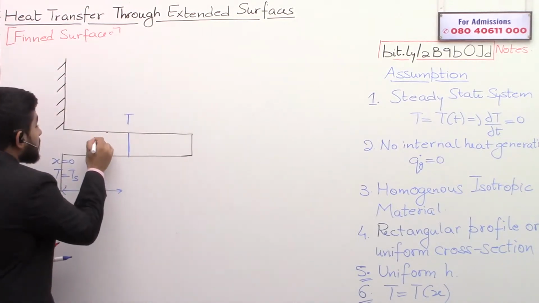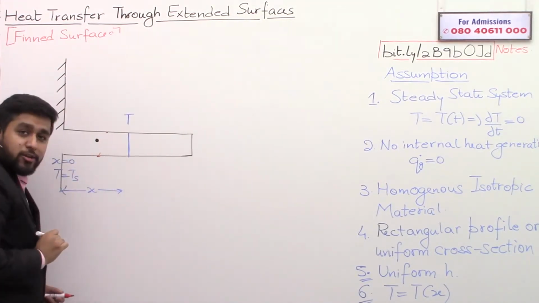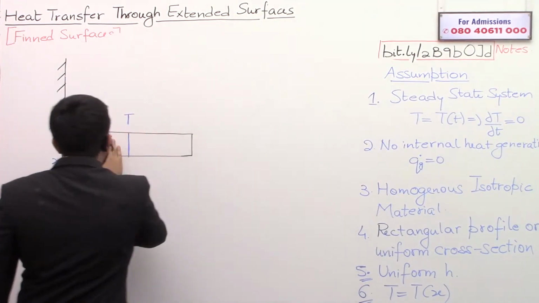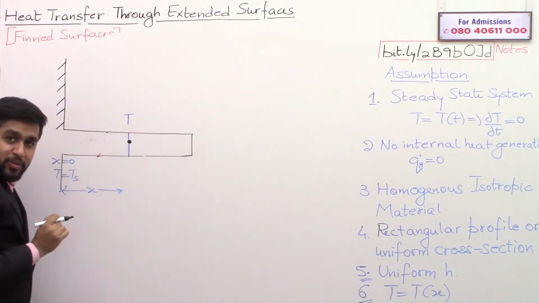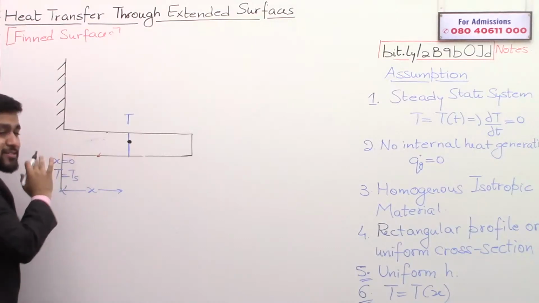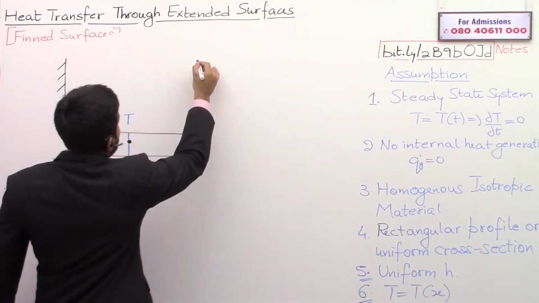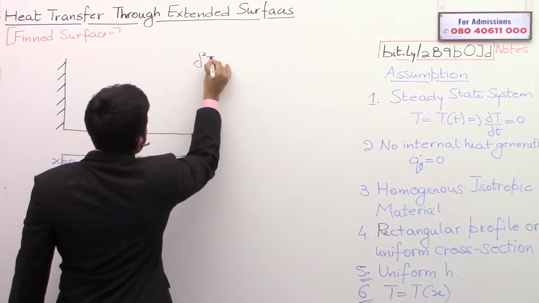So what you will do, inside the material you will take a point, the point which is at a distance x. And for the point, you will write down the conduction equation.